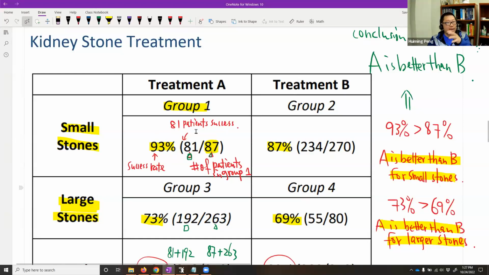Then we would have a good comparison, but this is not. Because these two numbers are not at the same level, the data is not good. Therefore, the comparison is not reasonable.